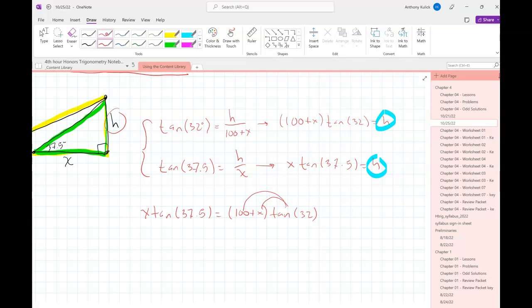Got to solve for x. That means I got to get the x's all on one side. So I'll start by distributing that tan 32 through. Everybody good with that? I'm going to subtract the x tan 32 to the other side.